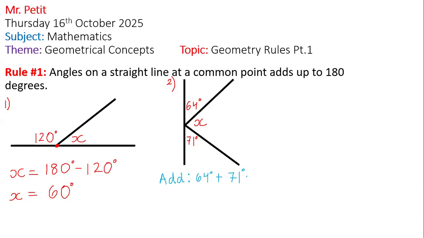And when we add them, what do we get? 64 plus 71. 135. That's what y'all get.